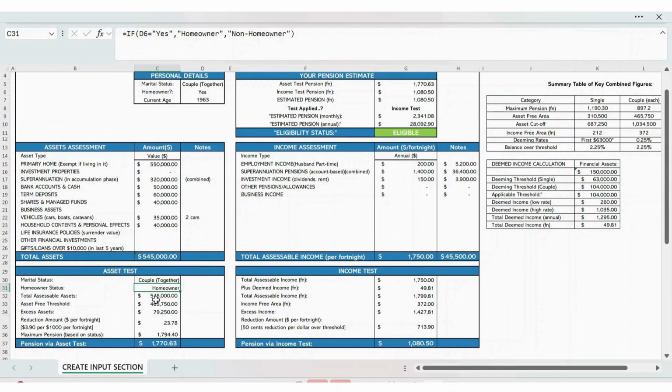The key formula is in C33, Asset Free Threshold. Let me break this down. Equals if D5 equals single, if D6 equals yes, 310,500, 559,000.